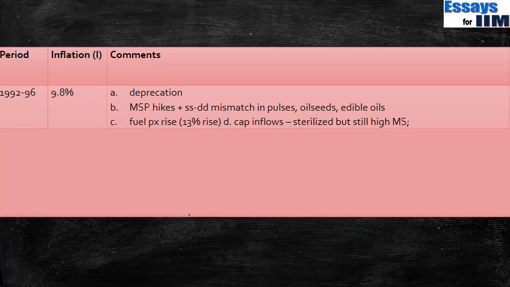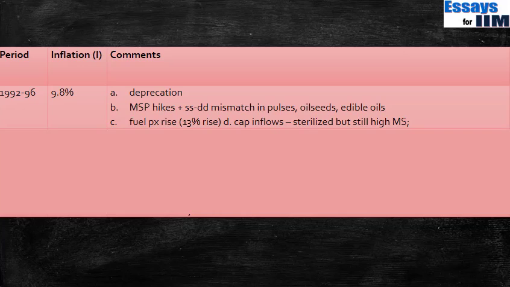If I import goods worth $1, it will cost me 50 rupees. But if there is a depreciation and rupee now costs 70 rupees for each dollar, if I import $1 worth of stuff, then I will be spending 70 rupees. So whenever there is a devaluation, the price of the imports increases.